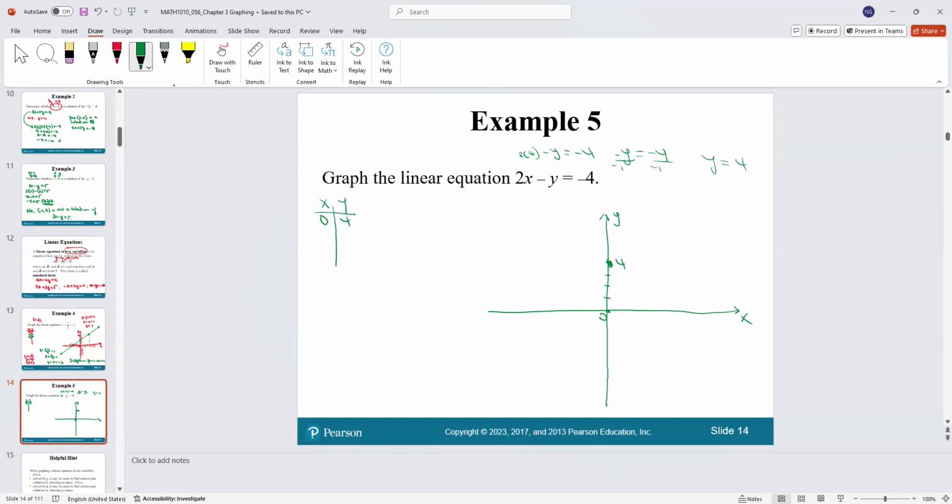So if Y is 0, we're going to have 2x minus 0 equals -4. 2x equals -4. Divide both sides by 2, x equals -2. So when Y is 0, x is -2. So you end up with 2 points here, (0, 4) and (-2, 0). And this is your second point right there, (-2, 0). And this one is (0, 4).